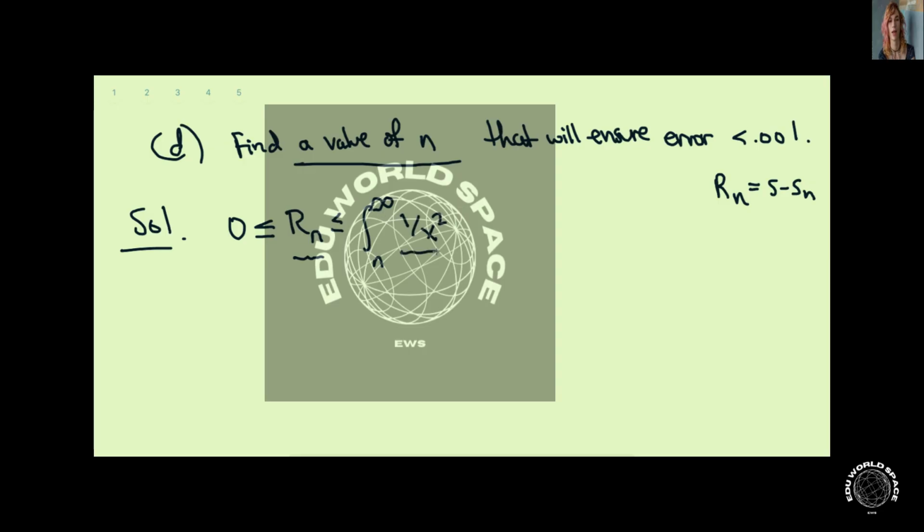That's our f of x. It's pointing at that to remind us where the 1 over x squared is coming from, and we want this to be less than 0.001. This is what we want. And so we're going to solve for n to make sure we get what we want.